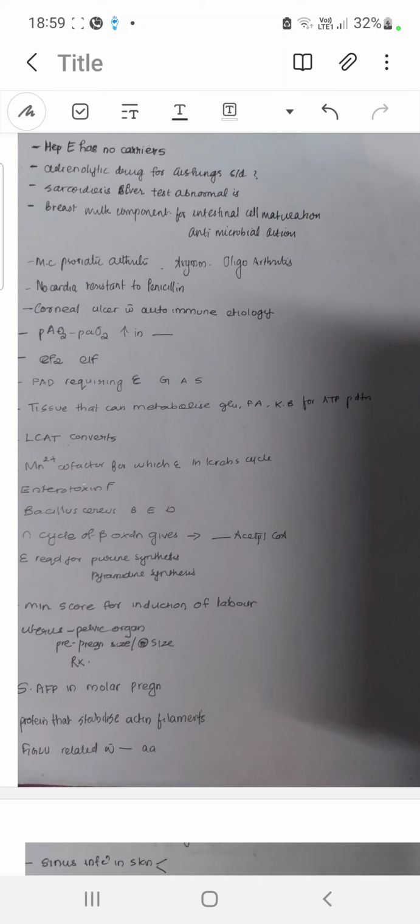The tissue that can metabolize everything, glucose, ketone bodies, for ATP production is skeletal muscle. LCAT converts cholesterol to cholesterol ester. Mn2+ is a cofactor for isocitrate dehydrogenase. Another important point you have to remember is that thiamine is not involved, though it is a case of oxidative decarboxylation.